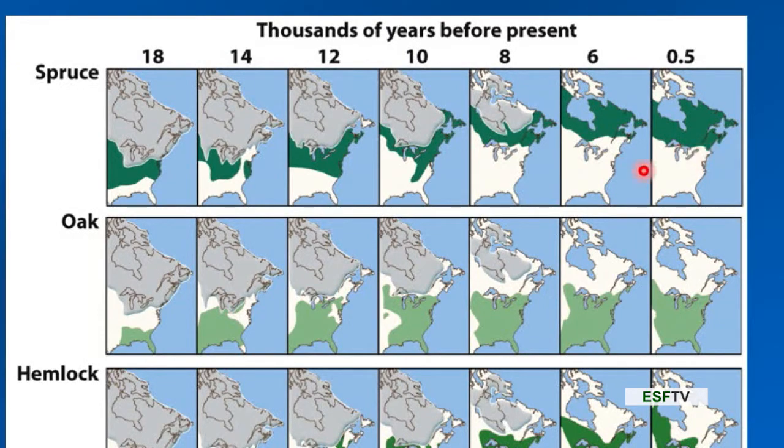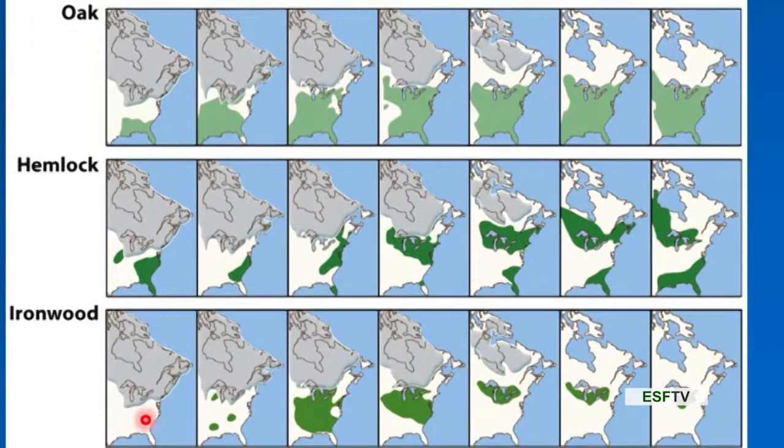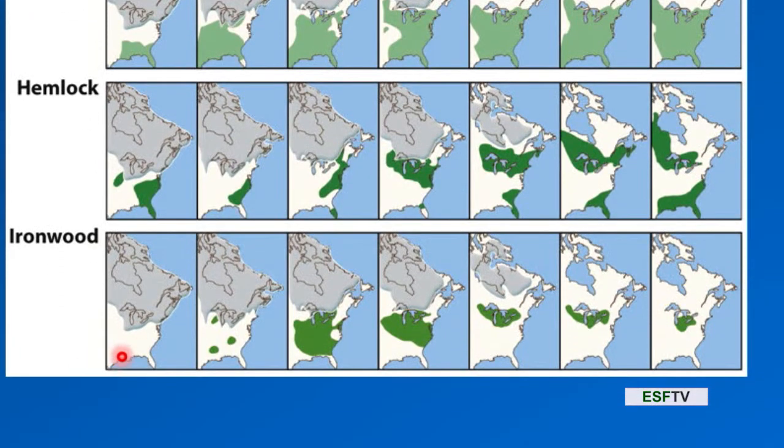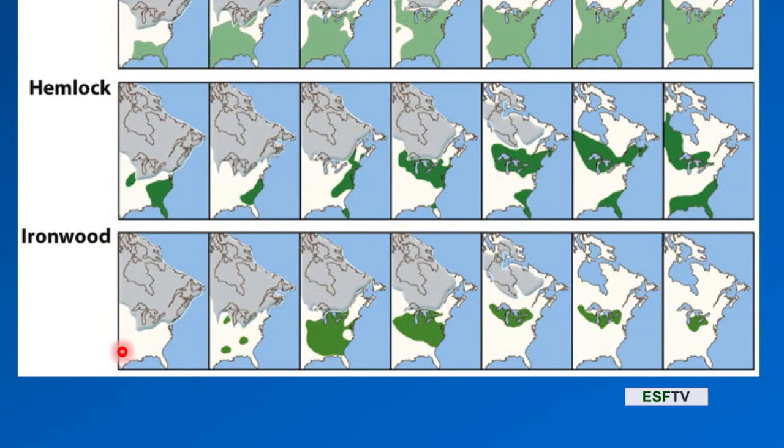And what you can see is, let's just look at ironwood. Nothing, no pollen in any ponds in our eastern forests 18,000 years ago. It starts showing up in pockets 14,000 years ago. Now the gray area is the continental ice sheet, and it's melting 18,000 years ago. It's starting to retreat north.